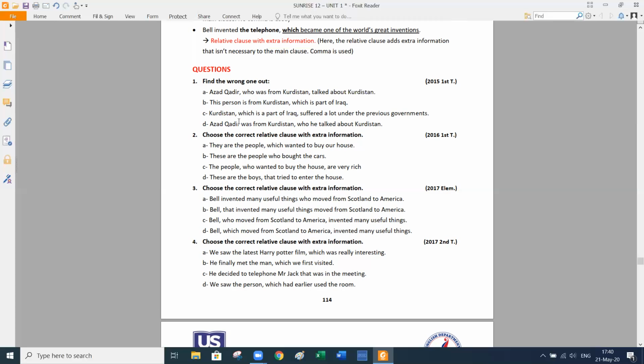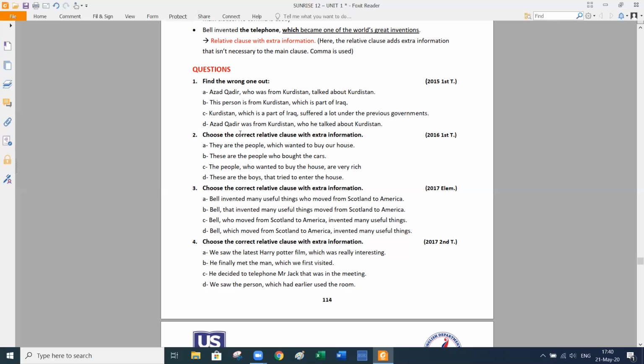So I need to put the extra information immediately after Kurdistan. So I put the comma immediately after Kurdistan, put the extra information here, and put a second comma, and then complete the sentence with the main clause and put a full stop at the end. So that's correct as well.